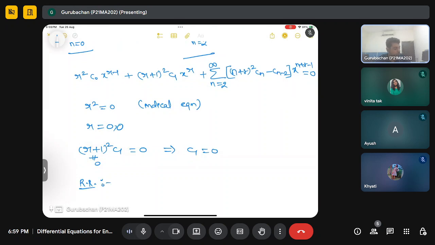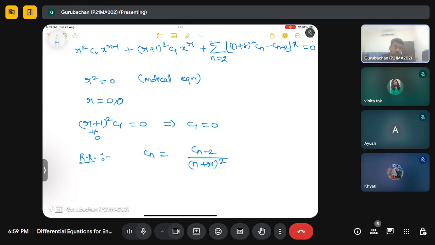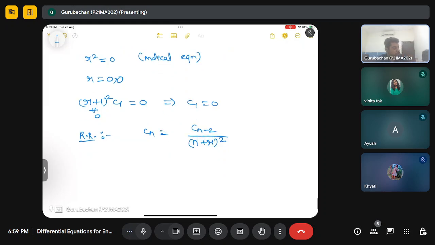The recurrence relation will be Cn equal to Cn minus 2 divided by (n plus r) whole square, for n greater than or equal to 2. So n equal to 2 gives you c2 equal to c naught divided by (r plus 2) whole square. I'm writing in terms of r directly.